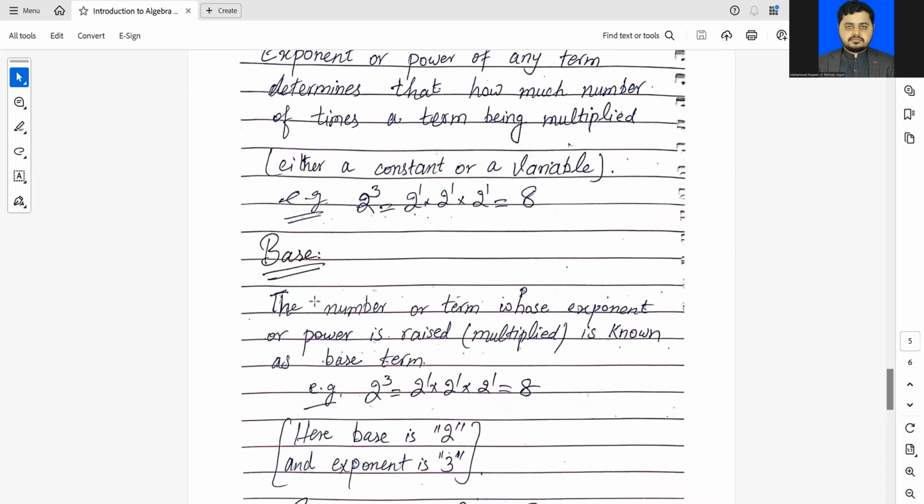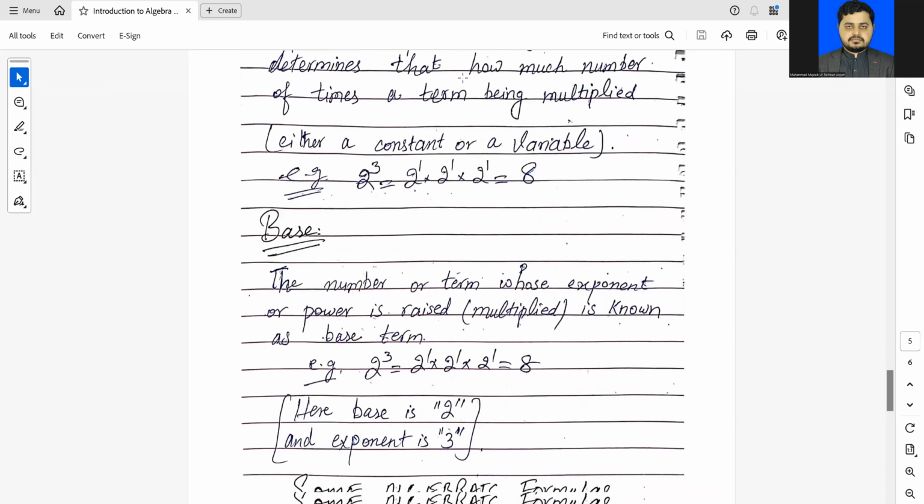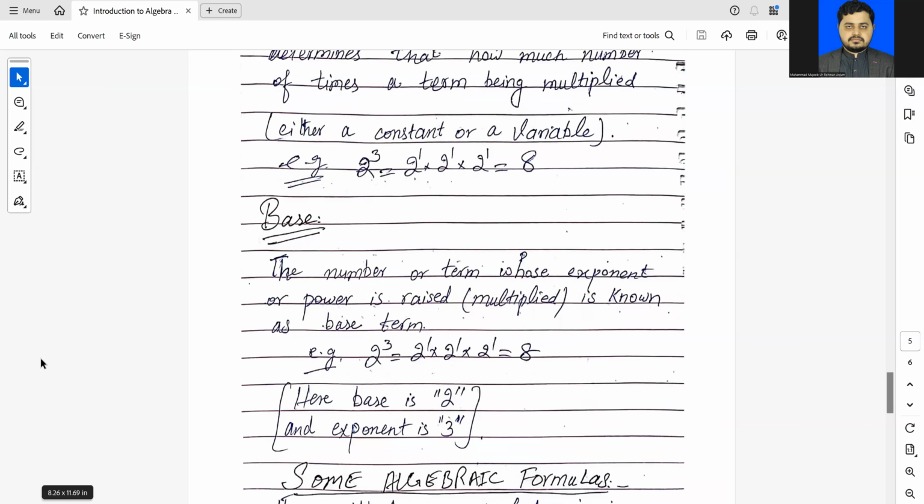Now, as I have referred to the term base, what is base? The number or term whose exponent or power is raised is known as the base term. For example, see this above example, 2 raised to power 3.